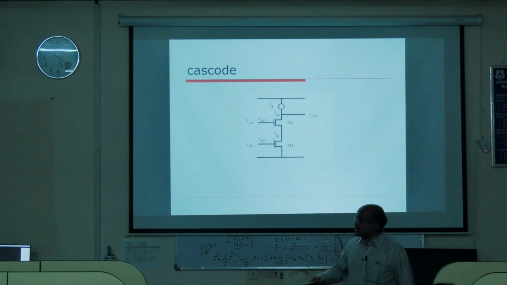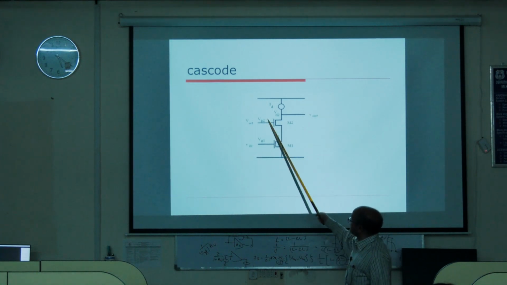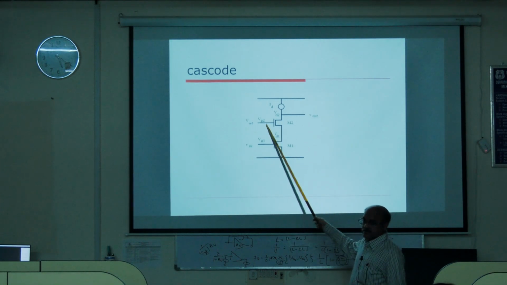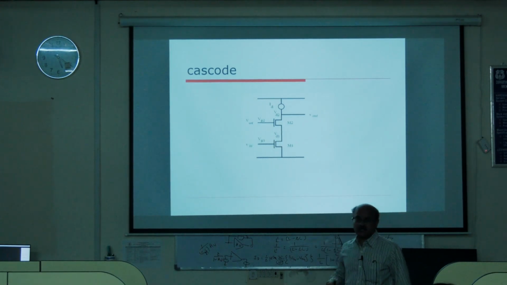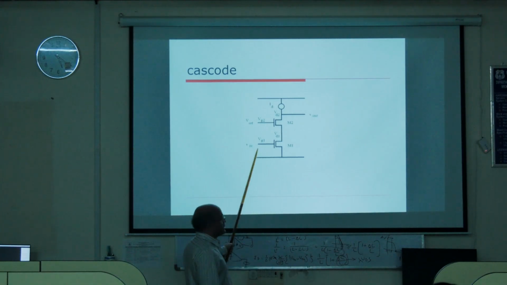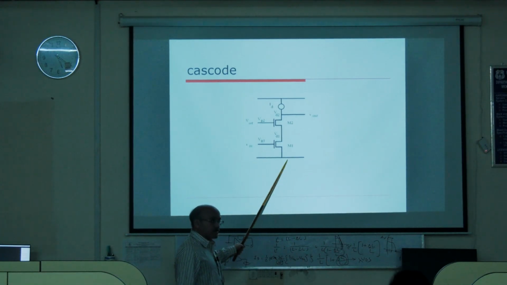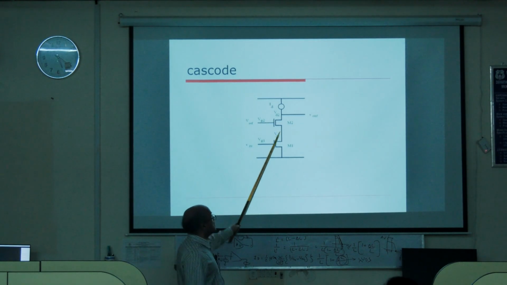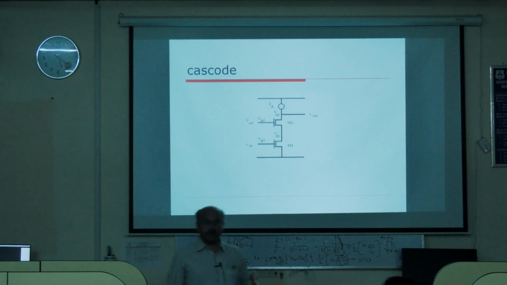Therefore I can view this as a single fictitious transistor, which is taking input from the gate of the driving transistor, because this one is being driven by the input signal. This one is not driven by the input signal; it has a DC voltage to keep it in saturation.